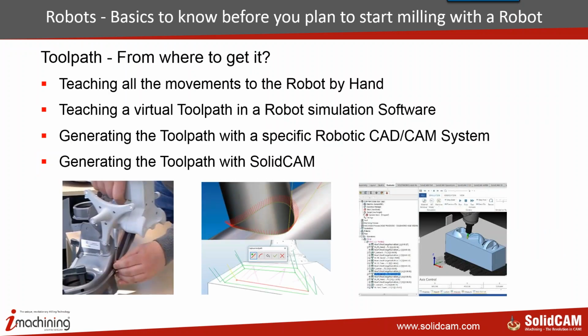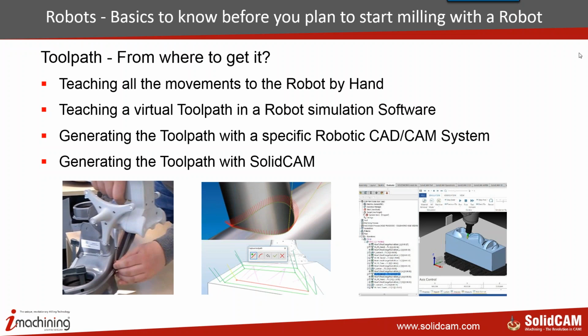Toolpaths, from where you get them. You can teach all the movements to the robot by hand, but this will not be common for milling operations. But you can also teach virtual toolpaths in robot simulation software.